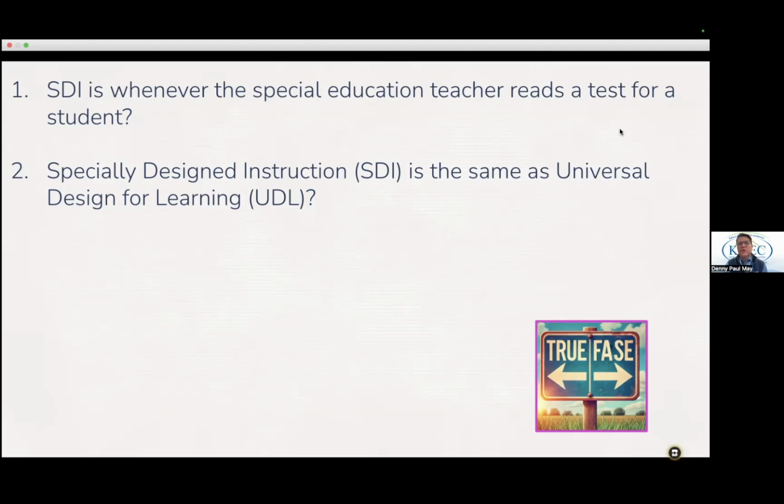You have choice in the content, choice in the products, choice in the process and the assessments. And so what do you guys think?